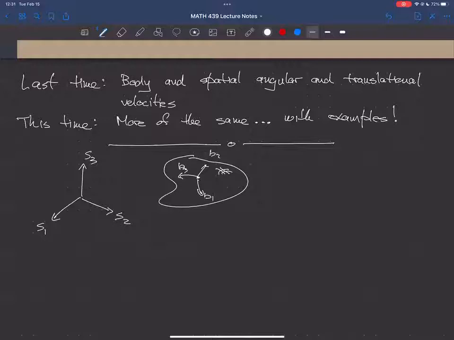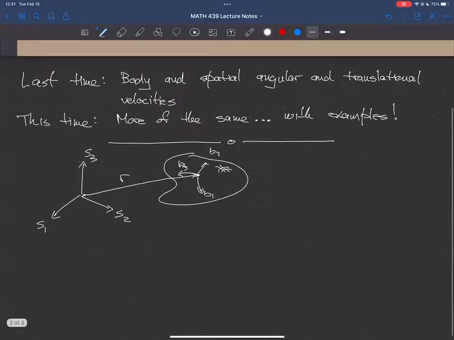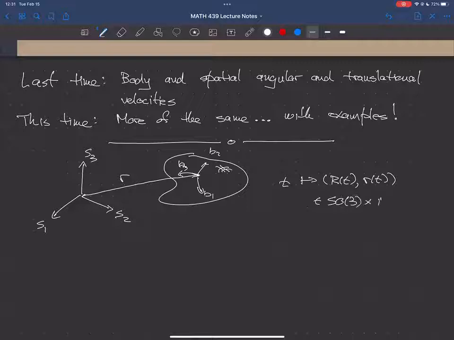And then we have a vector, little r, which goes from the spatial origin to the body origin. And then there's a big R. And in motion simply means that we have a curve in SO3 cross R3. Okay.